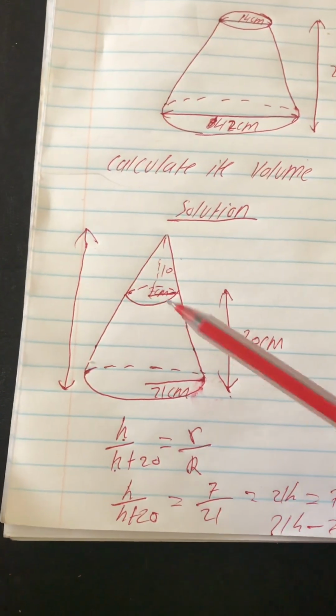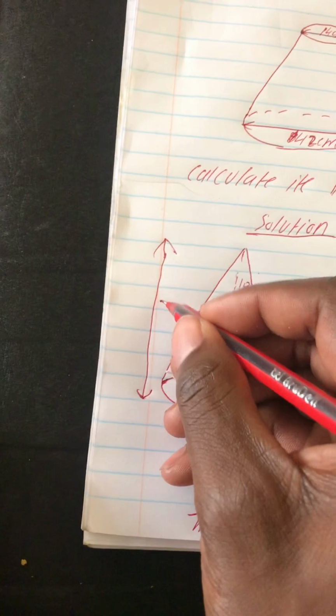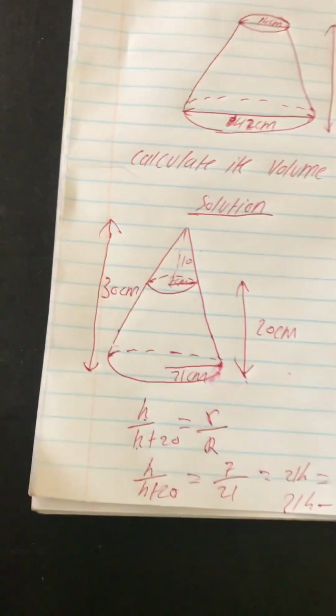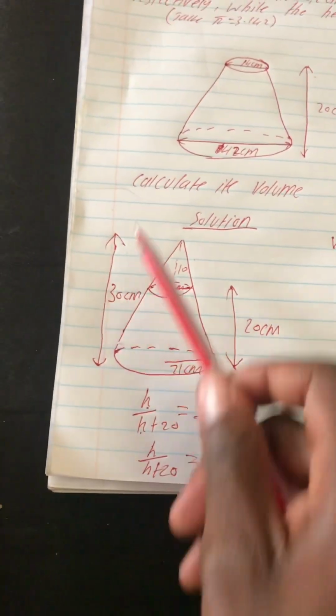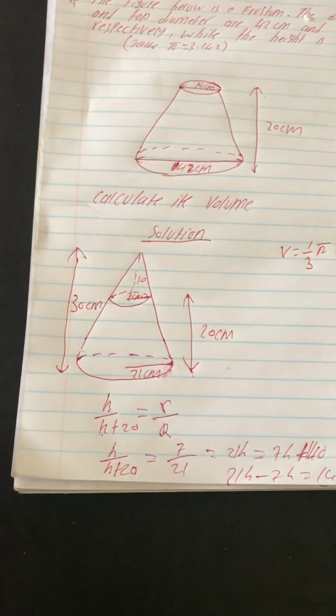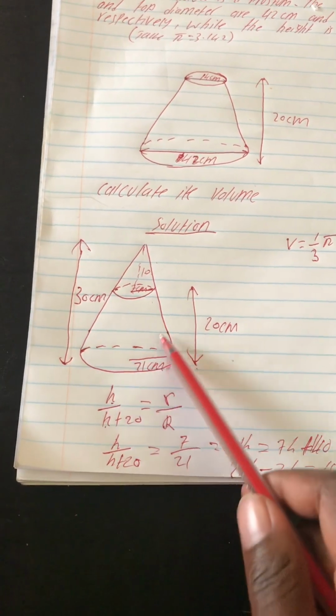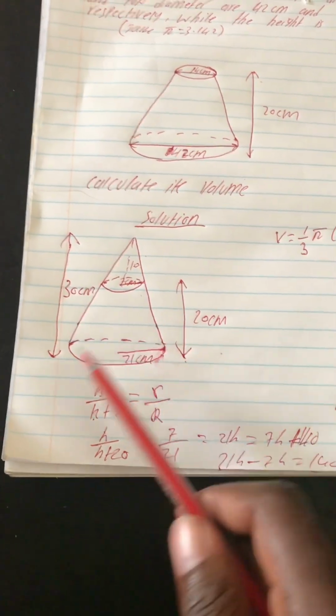How are we going to find the height of the big cone? We're going to add 20 plus 10, it's 30. So 30 centimeters is the height of the big cone. And the small cone is this one. Well, 20 centimeters is the height of the frustum.